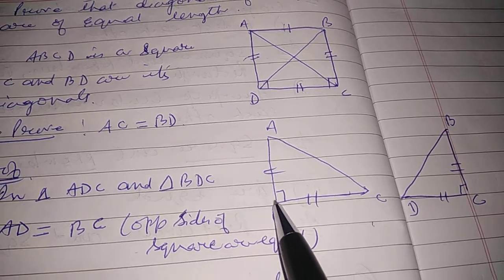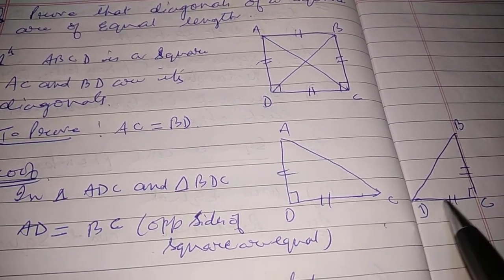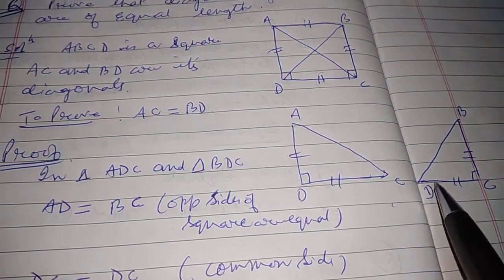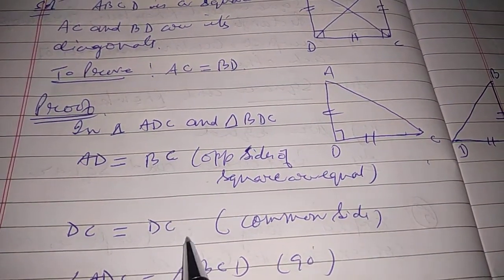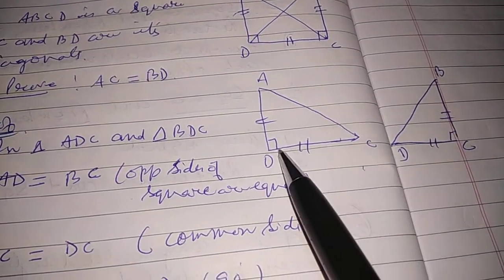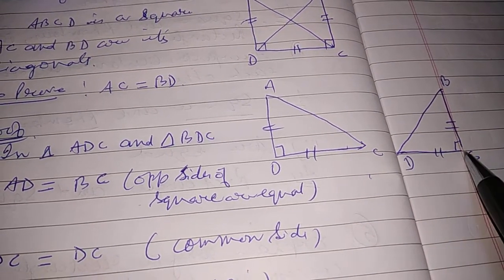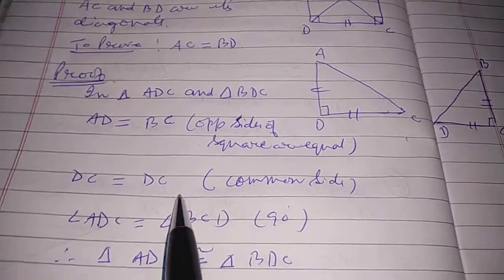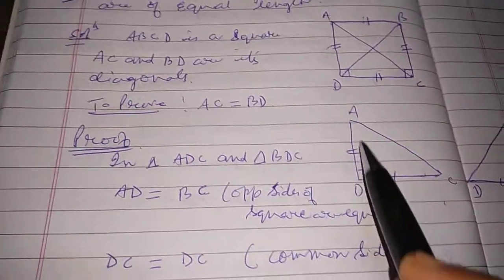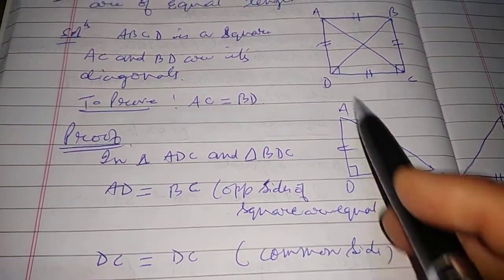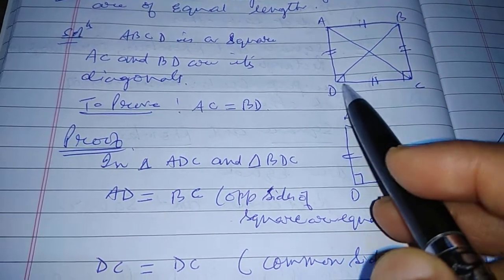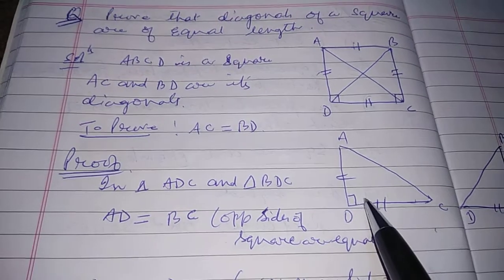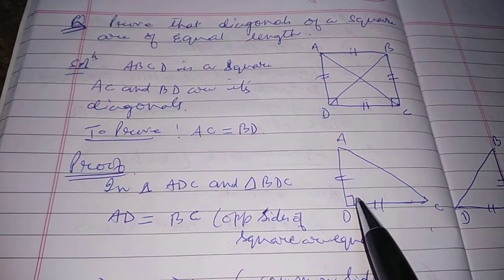Another point you see is that DC is equal to DC. This side DC is common to both the triangles. So these two are also equal. DC and DC are equal. That is the second point. And the third point: you see this angle ADC. This angle is 90 degrees, because in a square each angle is 90 degrees.